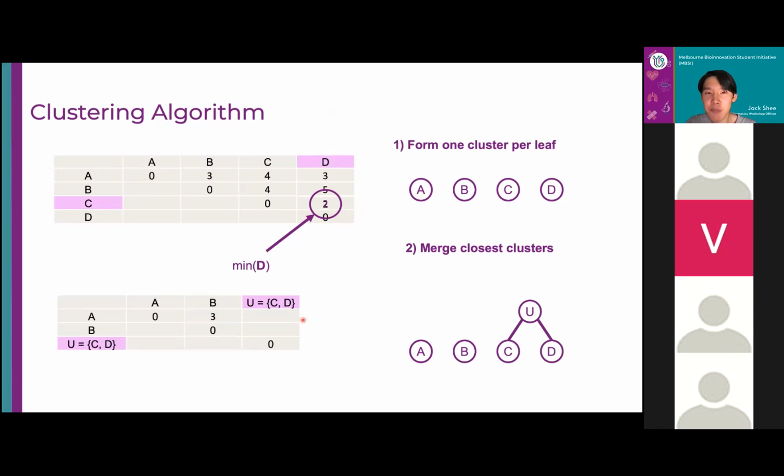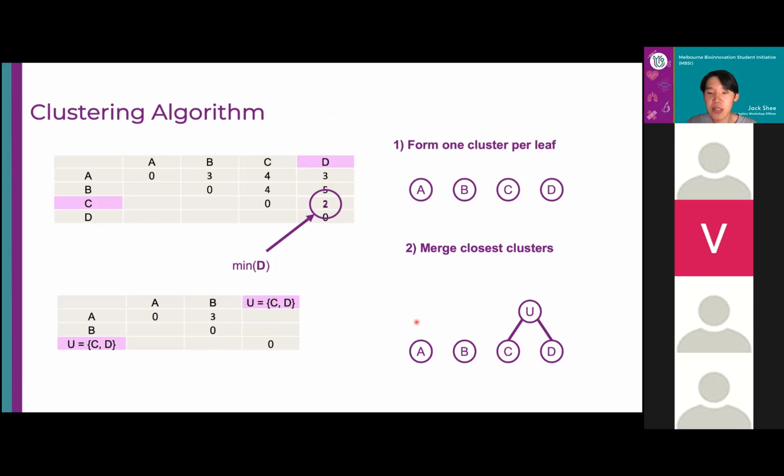So after we've merged these clusters, we form this new internal node representation, and it contains C and D. So this is like the merged cluster. So you can see that now the rows and the columns in the distance matrix of C and D have been collapsed into U, which we've just given an arbitrary name.